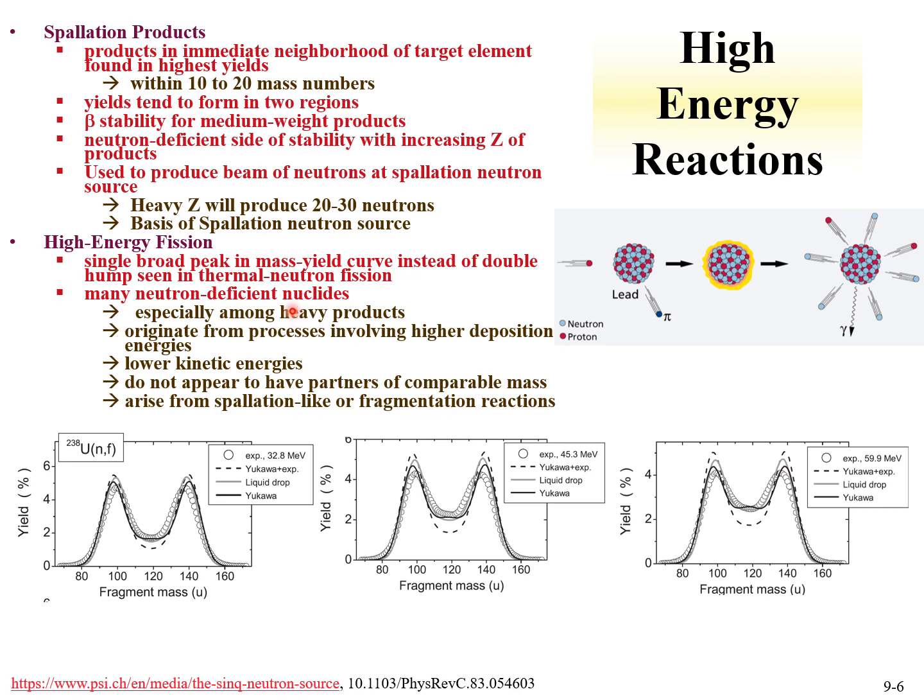The other reaction that will occur is that you can still induce fission with high energy neutrons, but the distribution of the fission products will change. Here is an example of data for uranium fission by successively higher neutron energies: 30, 45, 60 MeV.